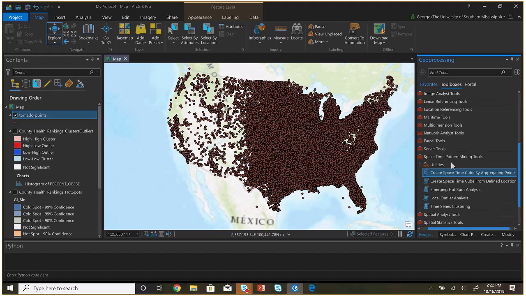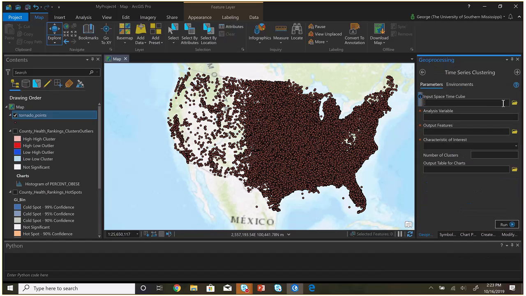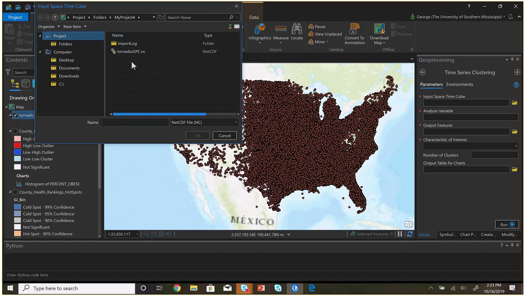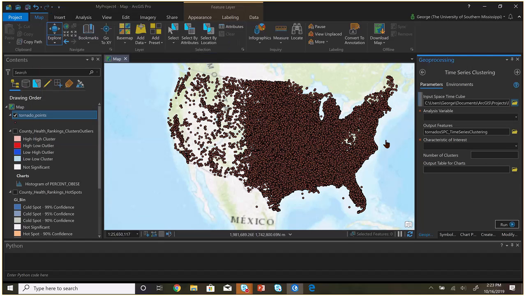So now I go back to here and say I want to look at the local outlier analysis, time series clustering. Time series clustering will just be, are they high, low? Okay, so count gets created by default. So both of these should be the same. Characteristic of instance, value.